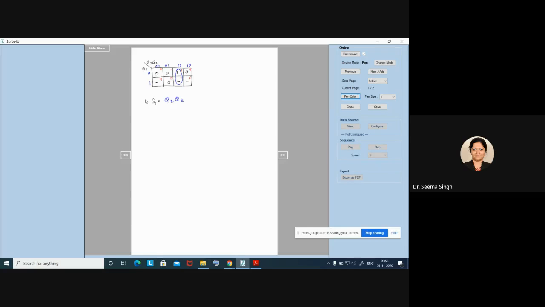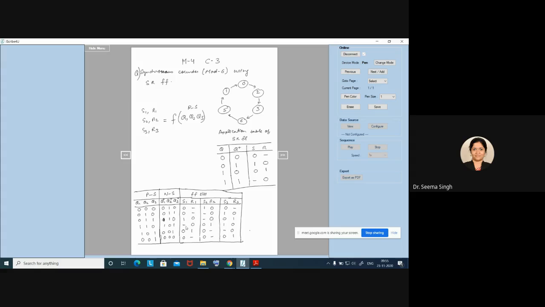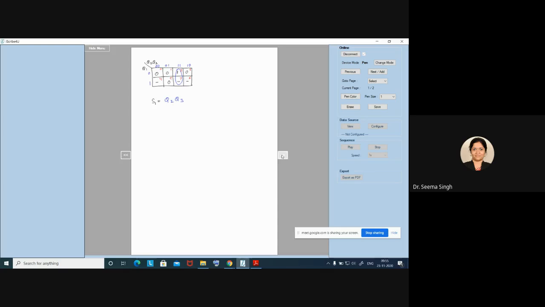So what I did: I took the S1 column and made this K-map. This S1 is the output, and the input is Q1, Q2, Q3, and you have made many such K-maps before also. In the same fashion, we will get our R1, and S2, R2, S3, R3.